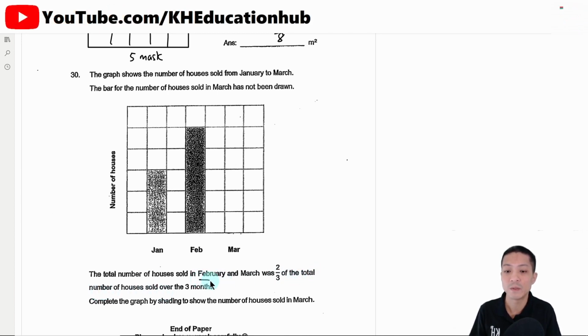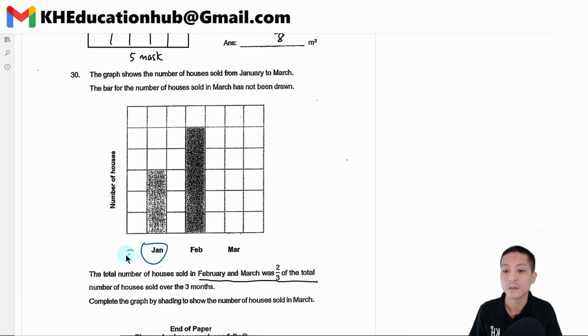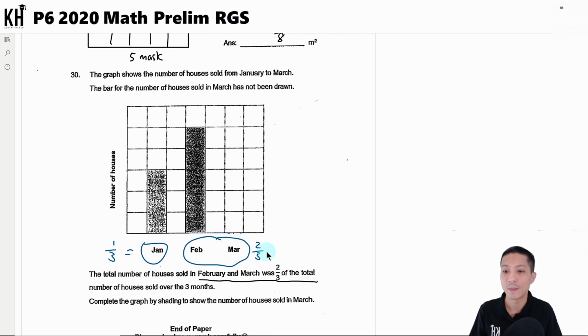Okay, so February and March was 2/3, which means that January will be 1/3, right? So this is 2/3. Complete the graph by shading to show the number of houses sold in March.